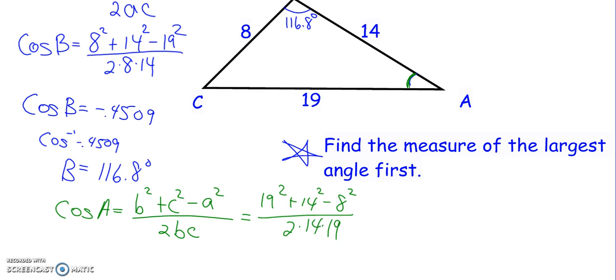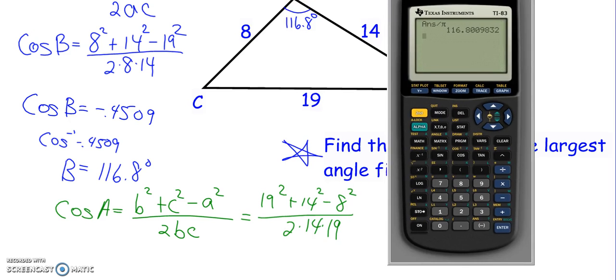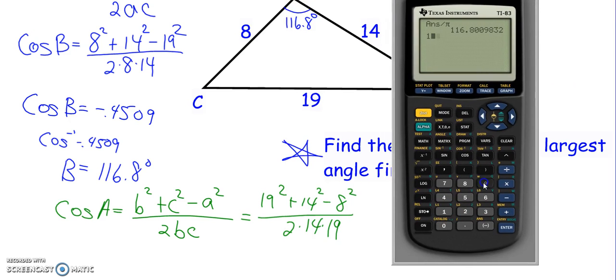Right, so again, this all goes into a calculator. 19 squared plus 14 squared minus 8 squared. You hit enter, and we are going to divide by the entire total. 2 times 14 times 19, close the parentheses, press enter.